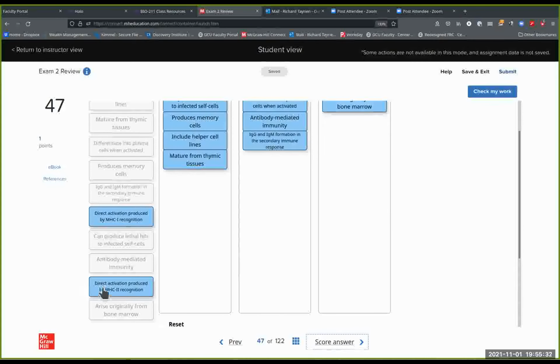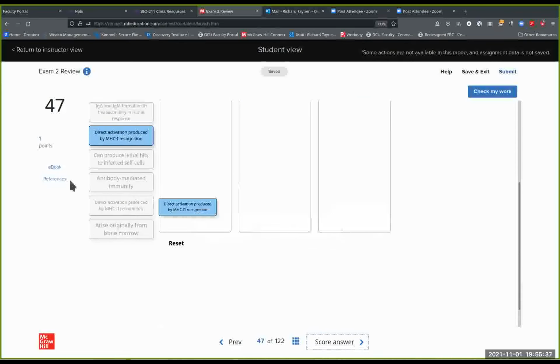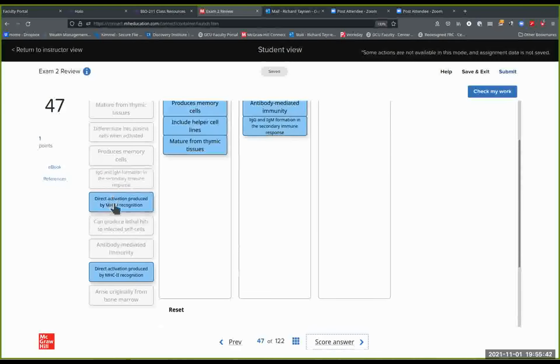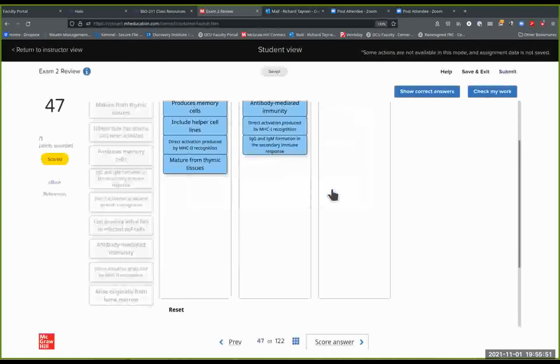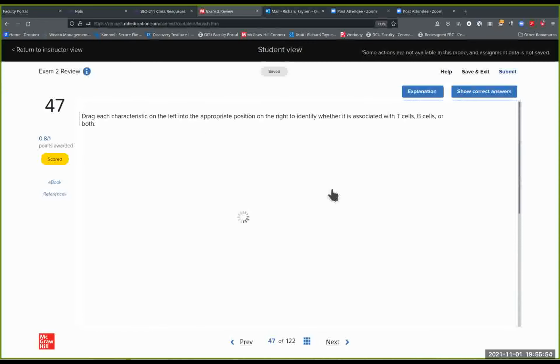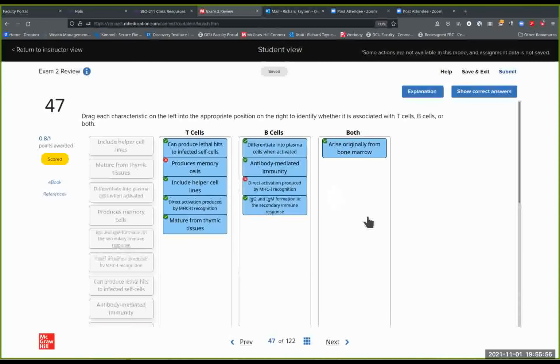And let's see. I believe, I'm not sure which ones these are. We haven't covered that. Let's put one of those there and one there. I don't think that's right. Yeah. Produces memory cells. Okay, that's B cells also then, or both.